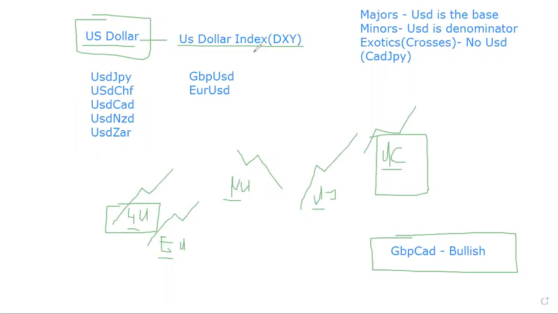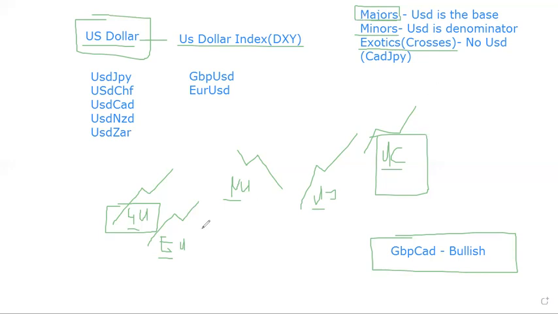Make your analysis on the majors first, then on the minors, then on the exotics and the crosses, if you want to go that far. But usually just analyzing the majors should give you sufficient information to do your price correlation appropriately.